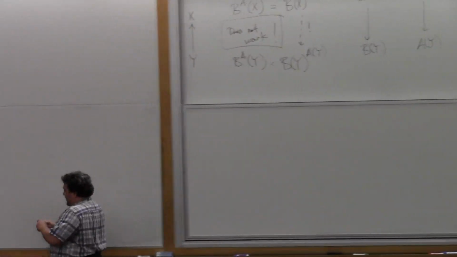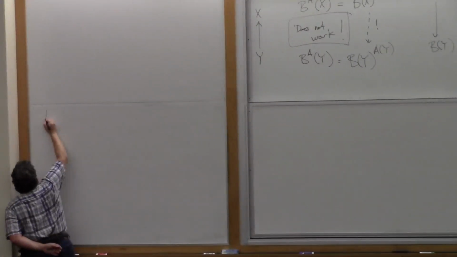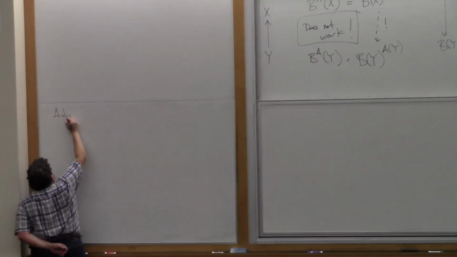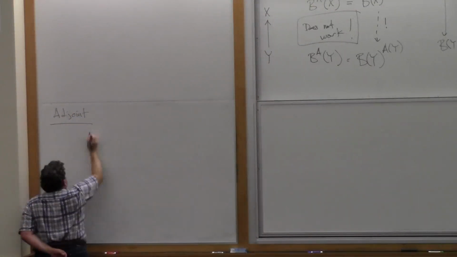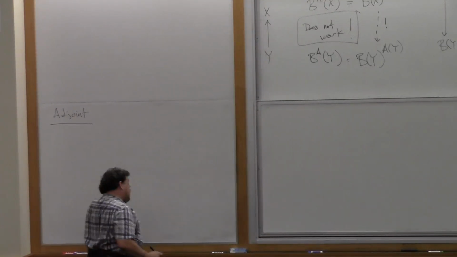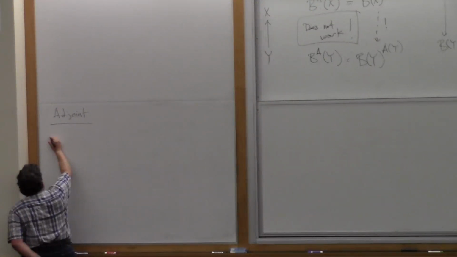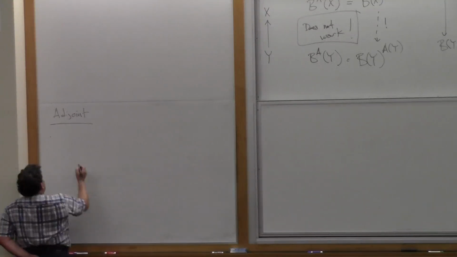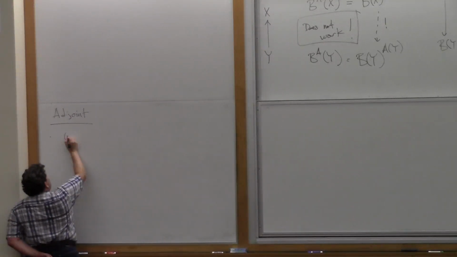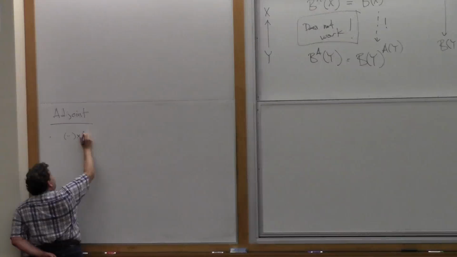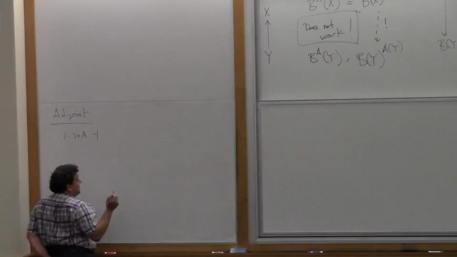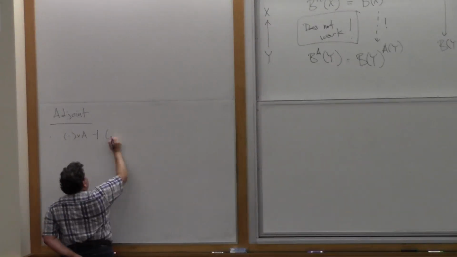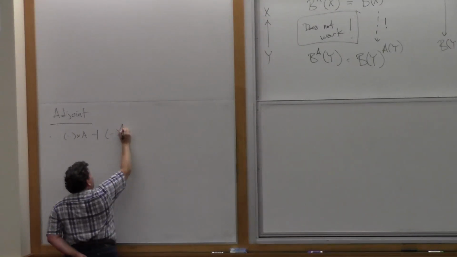Let me just give you a couple of logical examples, which I hope to be able in the next few minutes to at least sketch. One example of an adjunction is the adjunction between taking the product with something versus, this is how it's written, I'll explain it in a minute, taking the exponent by something.